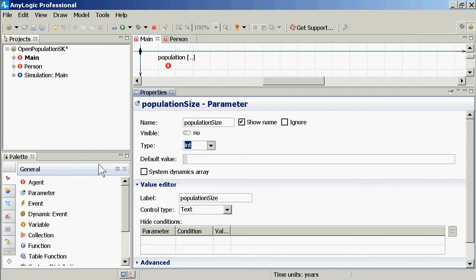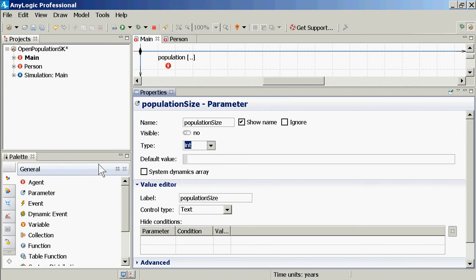The default values associated with parameters such as this one are not initial values. They're values that if you don't give it a value in the place where it's defined, for example, if you have a parameter in person and you don't give it a value in the population definition, or if you have a parameter in main, as we do here, and you don't give it a value in the experiment, it would use this default value. Okay, we'll just fill it in with that expression.